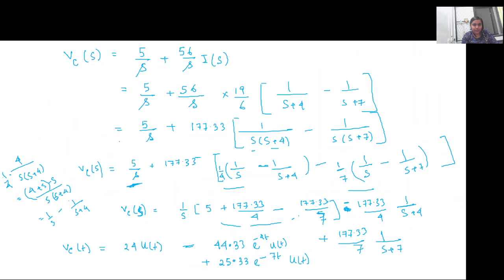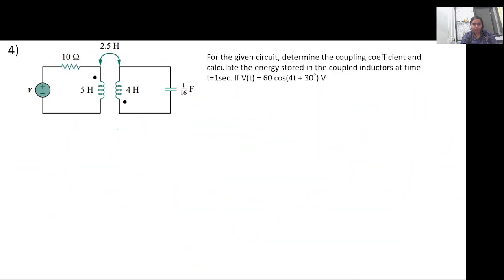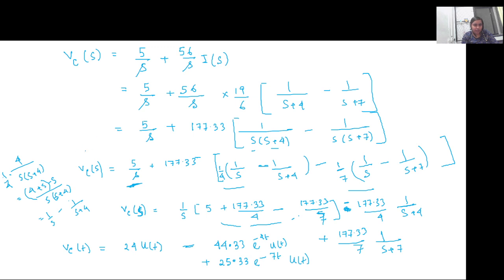So we have a similar expression: v of t is equal to 24 minus 44.33 e to the power minus 4t plus 25.33 e to the power minus 7t, whole times u of t.